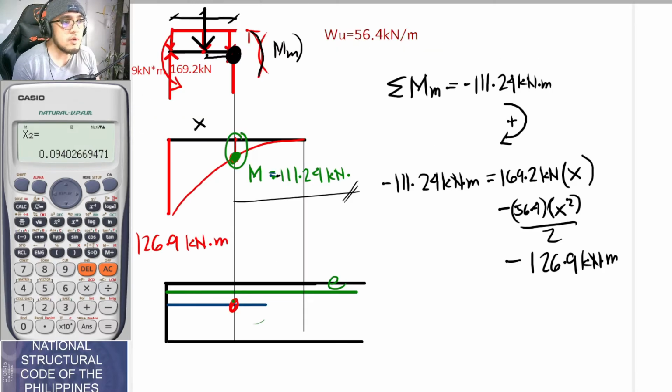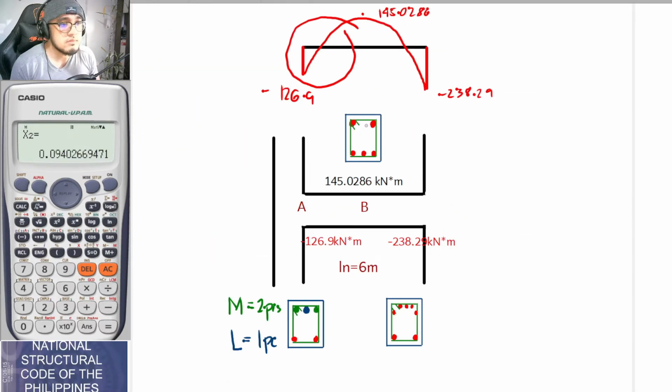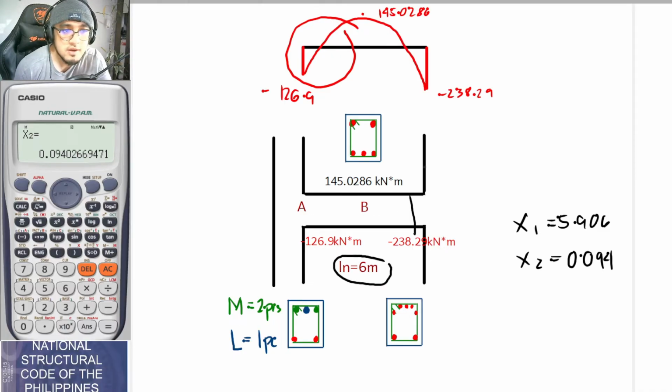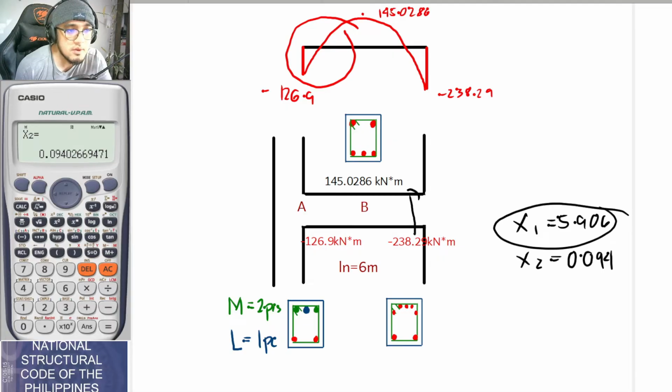If we go back to this diagram, Ln is 6 meters, and our x1 is 5.906 and our x2 is 0.094. What this means is that if you make use of this x, your location would theoretically be here. That is the distance now because your Ln is 6 meters. So it means that 5.906 is located here.